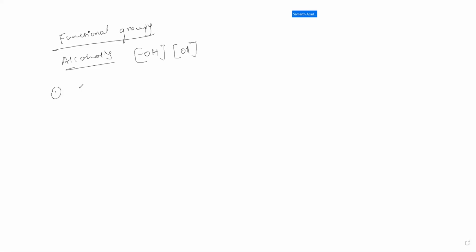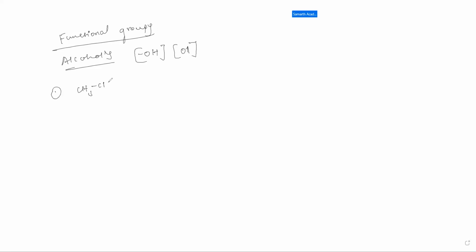So now we'll go to functional groups. If a compound contains a functional group, how do we name the compounds? Example, first example, alcohols. The alcohol functional group is OH and the suffix is OL. Suffix is OL.